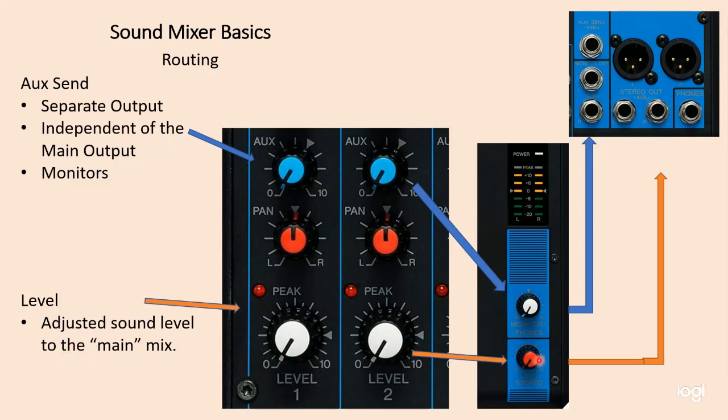Our level adjusts our mains, but our aux is adjusted in another way. And we have a separate set of outputs. Rather than using our mains left and right, there is now an auxiliary output. And we can plug into this and plug into a different amplifier and a different set of speakers so that we can control things differently.